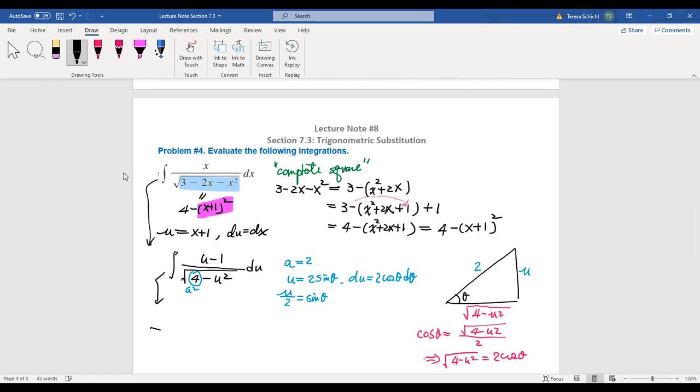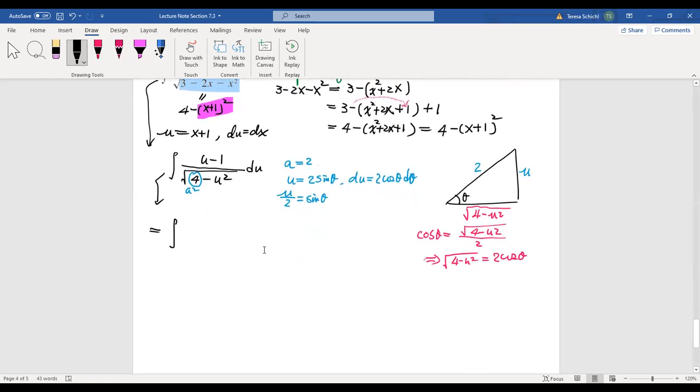Now we're integrating u minus 1. Remember, everything needs to be replaced. U minus 1 is 2 sine theta minus 1. Let's color code that so we get rid of this by using this.